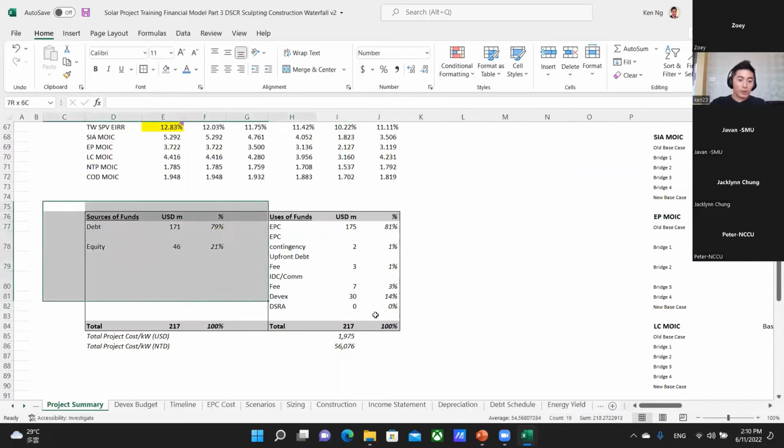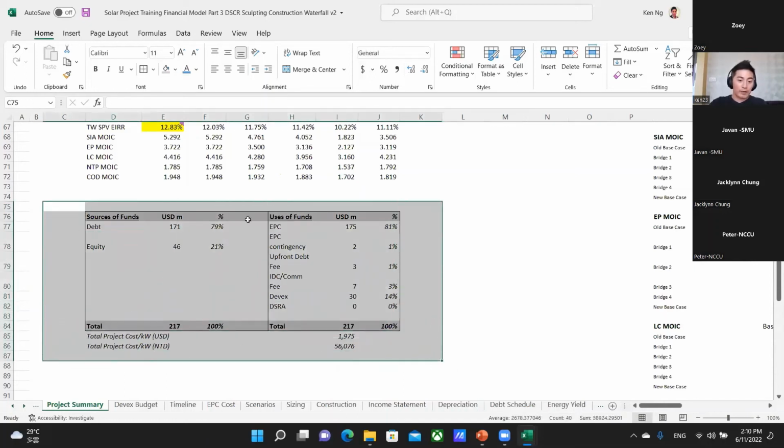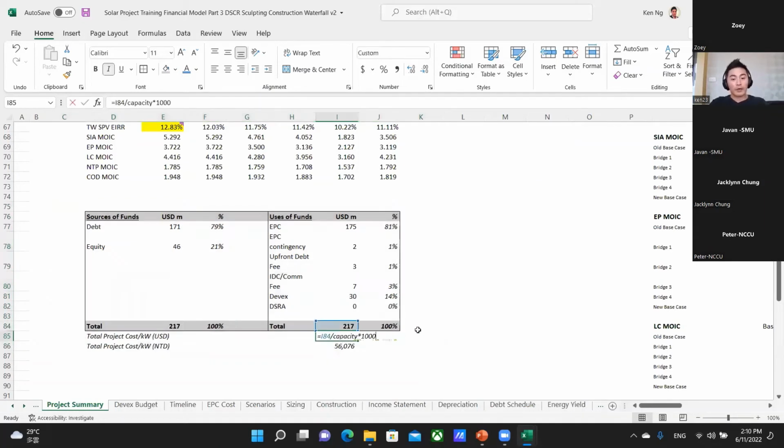So you should always include this in your financial model as a very clean snapshot of how much money you're spending up to construction completion. Another useful benchmark is to look at your total project cost on a per kilowatt basis. So the all-in cost of getting your project developed and constructed divided by the number of megawatts that you're building gets you a number.